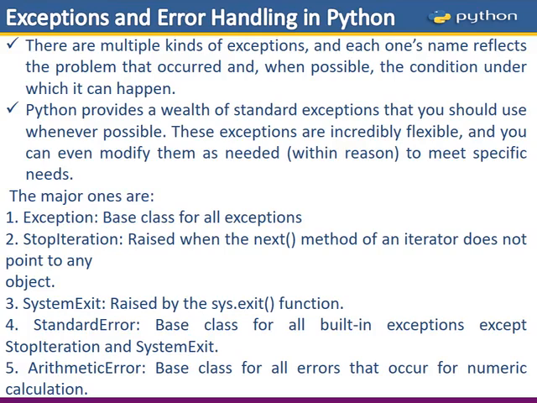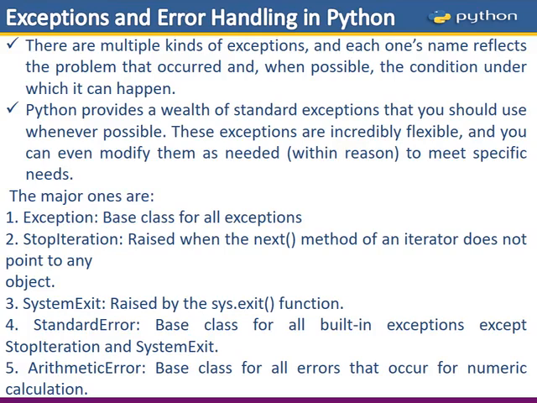We have the major common Python exceptions that we always come across, or some that we are familiar with. The common ones are listed here. Number one, Exception, the base class for exceptions.